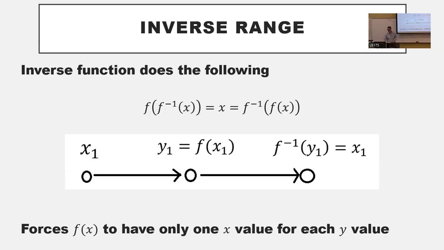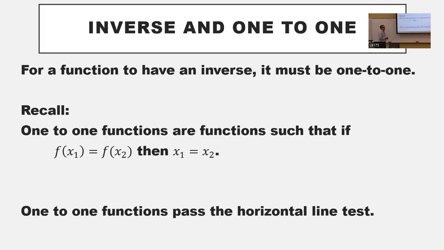So that means if I want my f of x to actually have a proper inverse, it has to be a one-to-one function. So not only does it have to pass the vertical line test, it also has to pass the horizontal line test. We went over one-to-one functions a while back. Just recall that one-to-one means if the outputs are the same, then the inputs have to be the same.